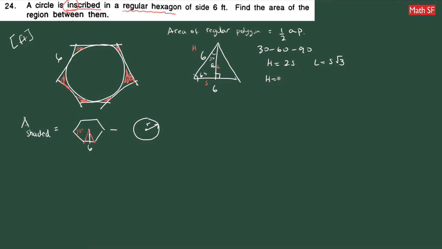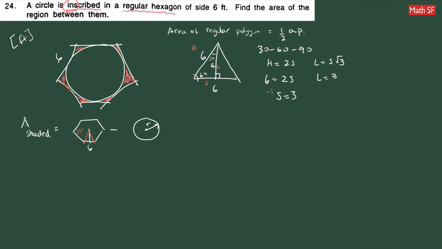So the hypotenuse, we actually knew: 6 equals 2s. Therefore s is equal to 3 if you divide each side by 2. Now I have enough to find the apothem.